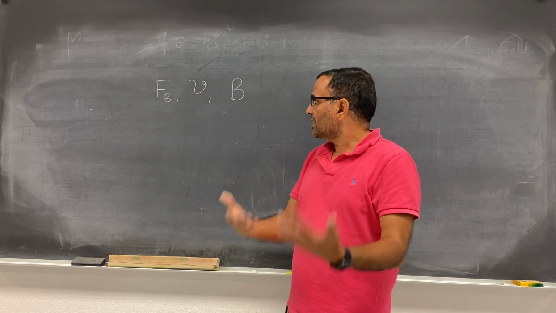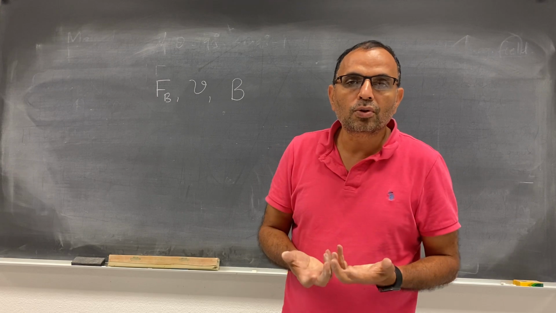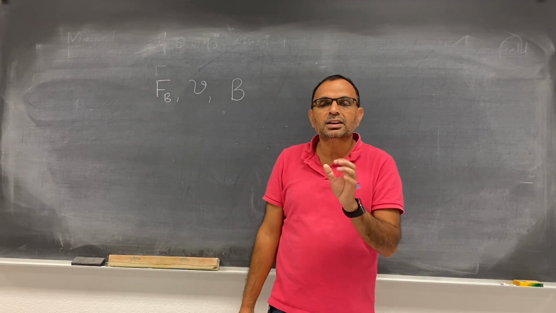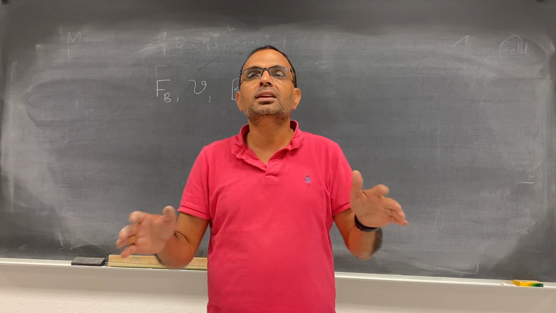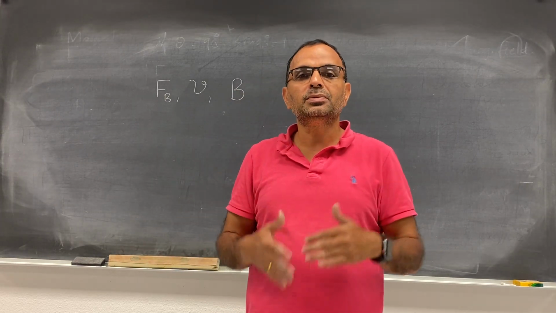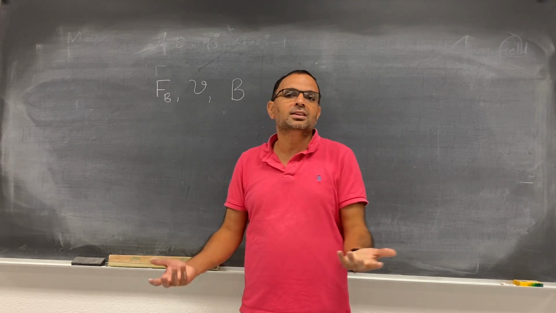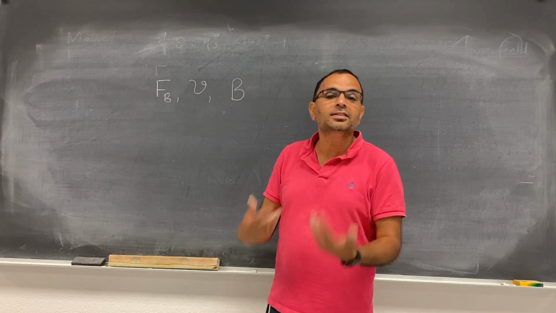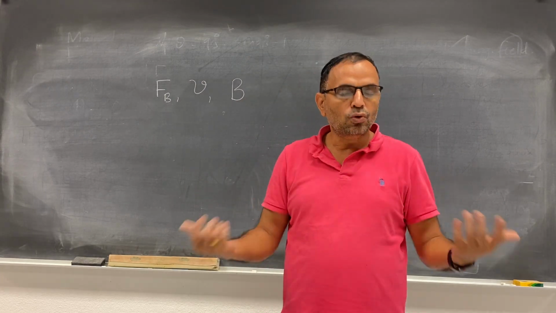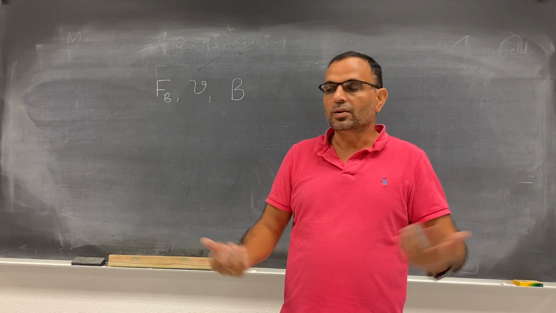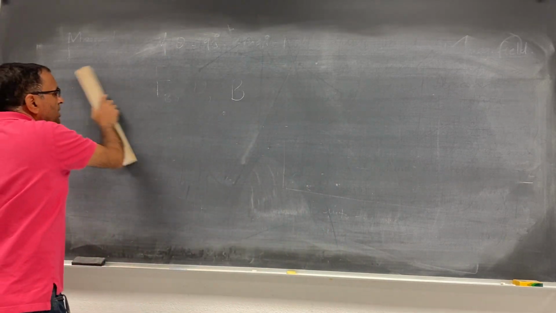So the charged particle moving in the magnetic field experiences a force, the maximum force if it is perpendicular to the magnetic field, and no force if it is parallel to the magnetic field. And of course, if the charged particle is at rest, V is equal to 0, so no force there. So this is about the moving charged particle inside the magnetic field.